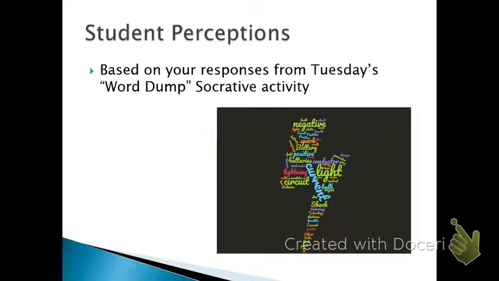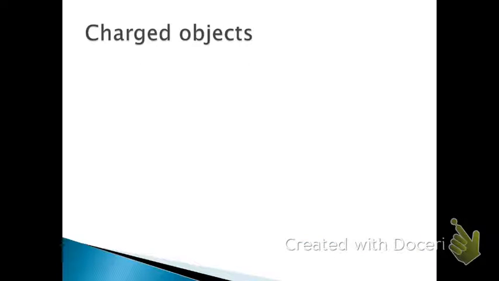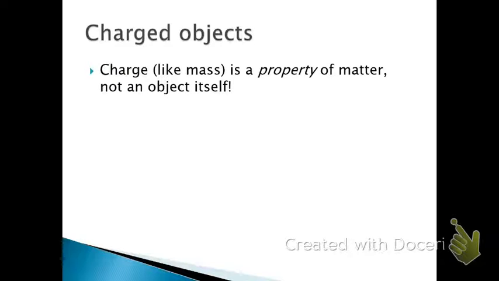A lot about currents, circuits, light, negative, positive, all that kind of good stuff. So let's talk about what exactly it means to have a charge. Charge, kind of like mass, is not an object itself, right? I can have a cylinder that has a mass of 2 kilograms, and mass is just a property of it.